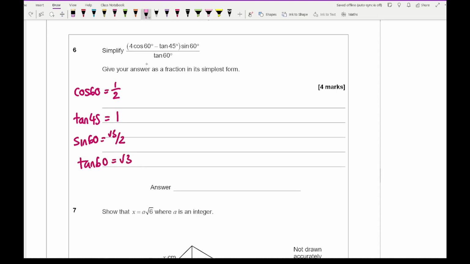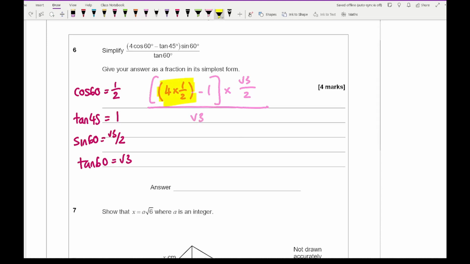So then substituting each of those into this combination here, I've got 4 times a half minus 1, multiplied by root 3 over 2, all divided by root 3. So then let's work with simplifying this.